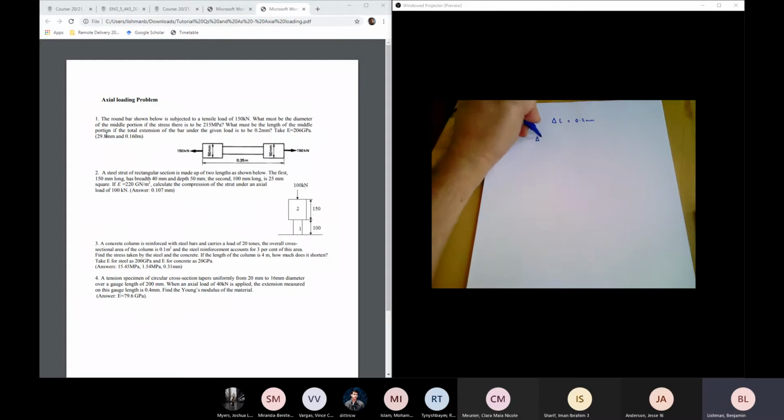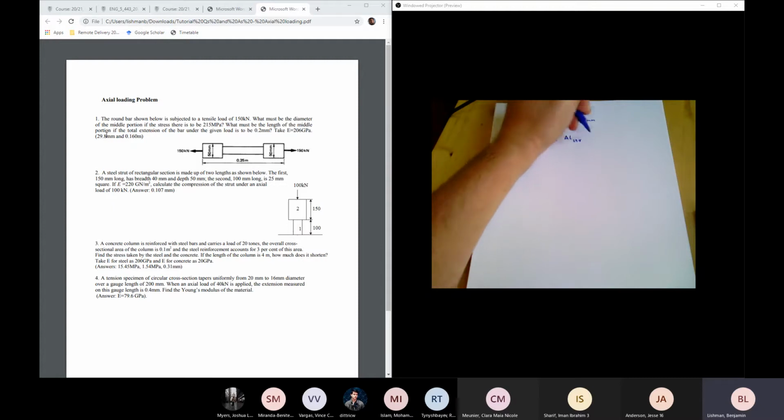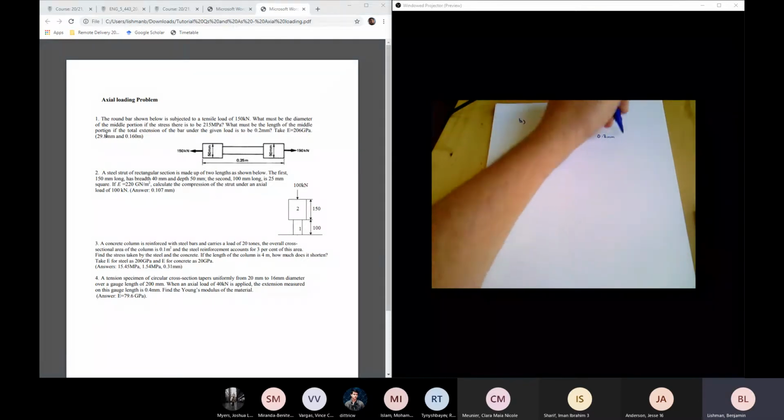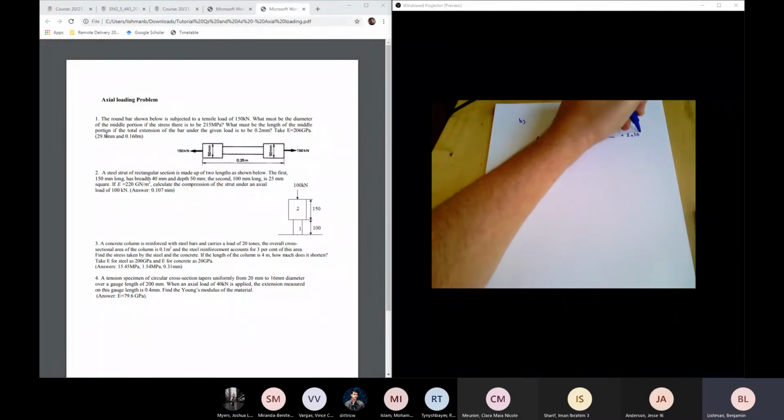That's delta L, I'm going to use a subscript 50 for the 50 millimeter diameter bits, plus delta L subscript 29.8 equals 0.2 millimeters, which is 2 times 10 to the minus 4 meters.